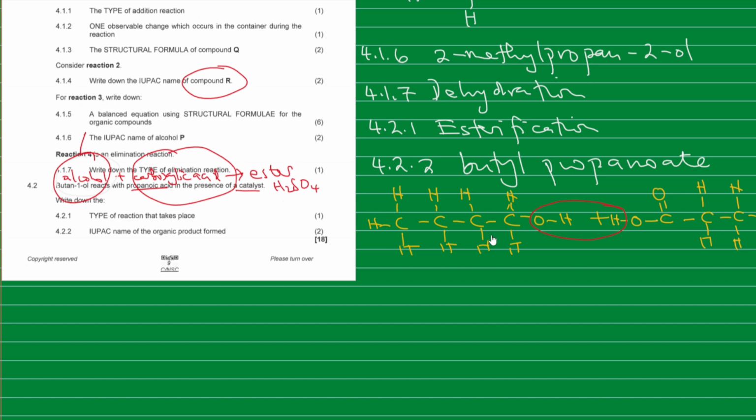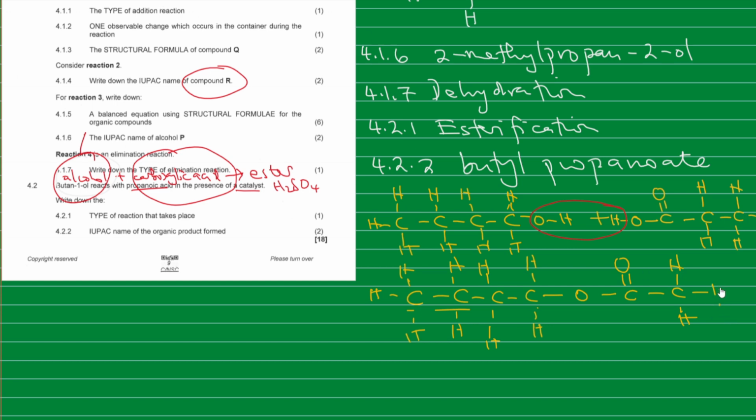We will take the OH and the H from there, and then in the end we are going to have a compound of this type, which is C, C, C, C. That part is the butyl part, bonded to this O here that was in our carboxylic acid, with a C double bond O and other C's there. There's another C over here.